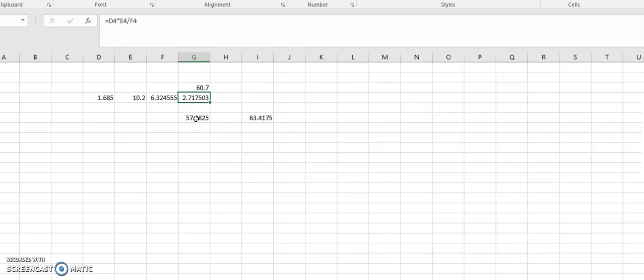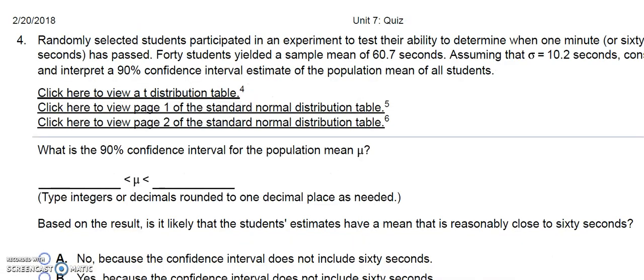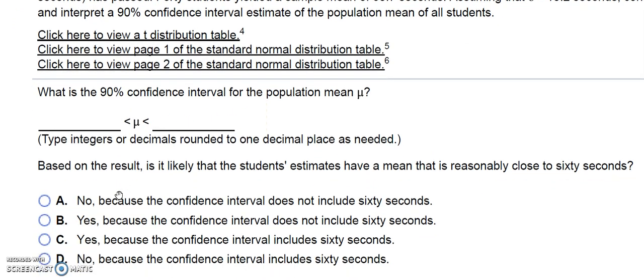Again, I had the formulas do this. 60.7 is the sample mean, minus that gives us 57.98, almost 58, and then add it, which is 63.4. So that's basically what goes on either side of this confidence interval.